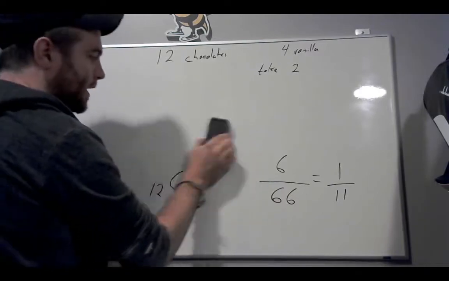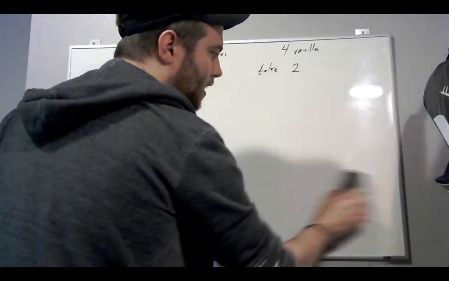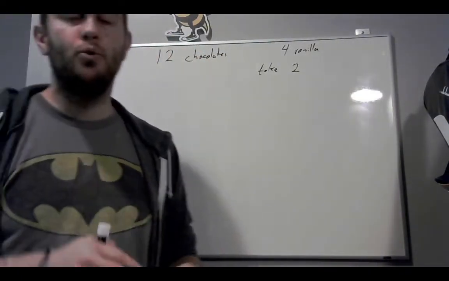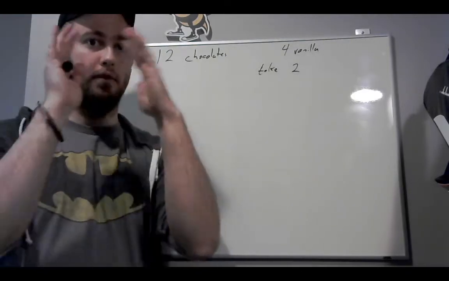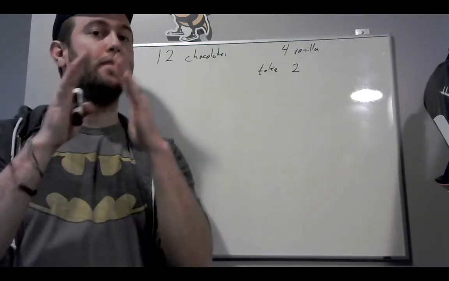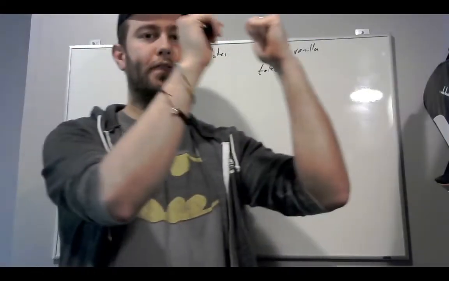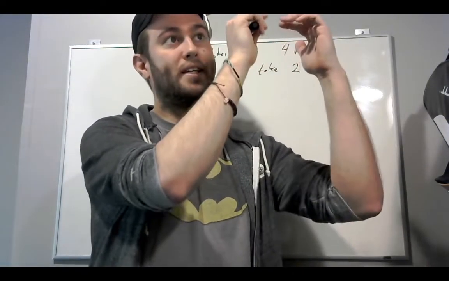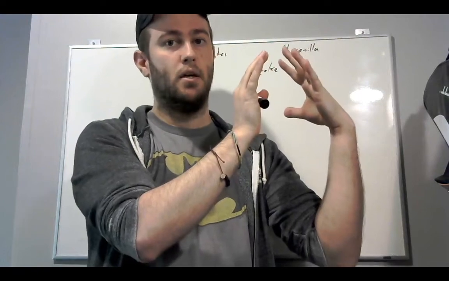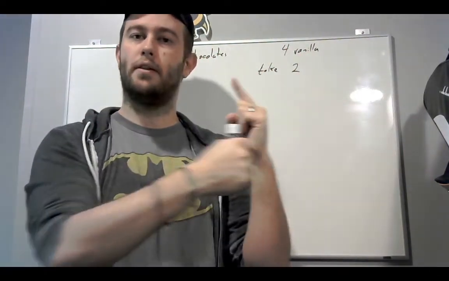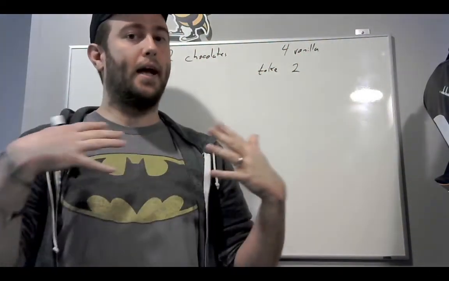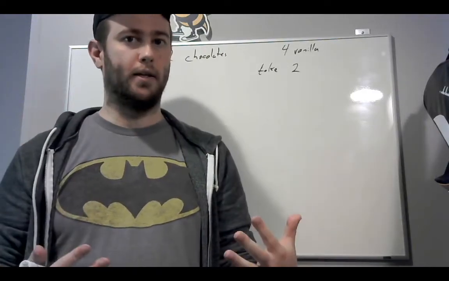Basically, what it's saying is that if you have an event A, so the first event, and you can figure out that probability, and you can then figure out the probability of the second event happening, all you have to do is multiply those two events together, and it actually gives you the total probability.